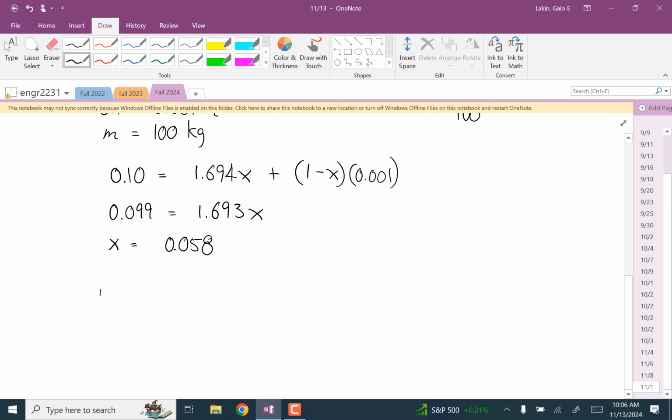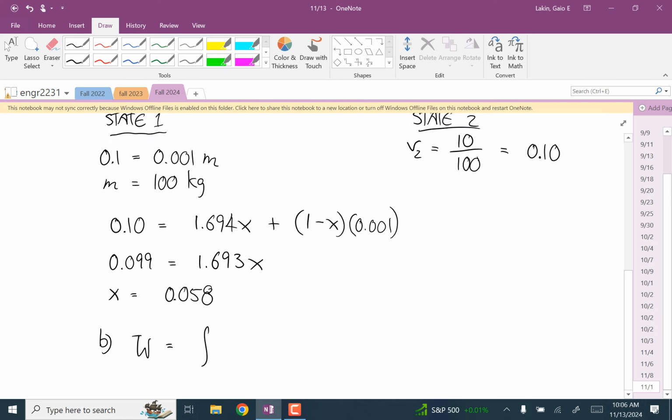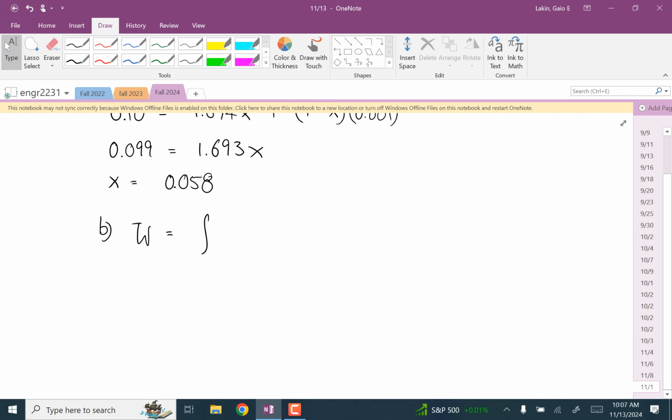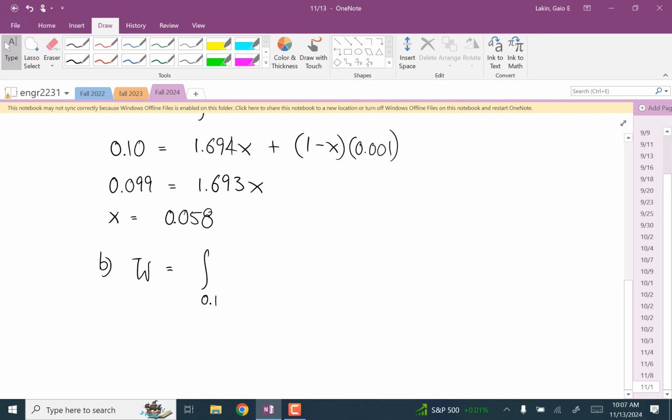And then now we want to calculate the work of expansion. That is the integral from the starting extensive volume, which is 0.1, to the finishing volume, which is 10. And the pressure is 1 times 10 to the 5.